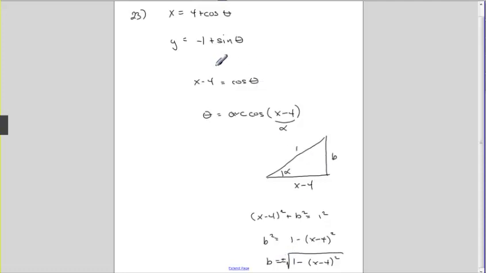So that's B. When you want to find the sine of theta, you have to put it in terms of x. There's actually two ways of doing this. I just thought of the other way, which is a lot easier, I think. So the sine of theta is the opposite over the hypotenuse, and the opposite is plus or minus the square root of 1 minus x minus 4 quantity squared, divided by the hypotenuse, which is 1.